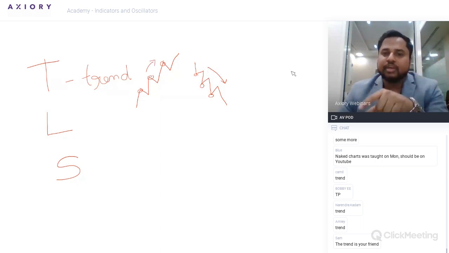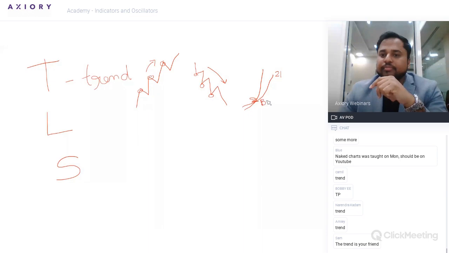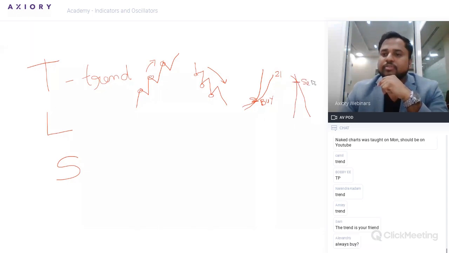Now you learned in the moving averages what? If you use 8-day moving averages and 21-day moving averages, when the 8-day moving average crosses the 21-day moving average, you go for buy. Same way, when the 8-day moving average crosses the 21-day moving average to the bottom, you go for sell. So 8 and 21.